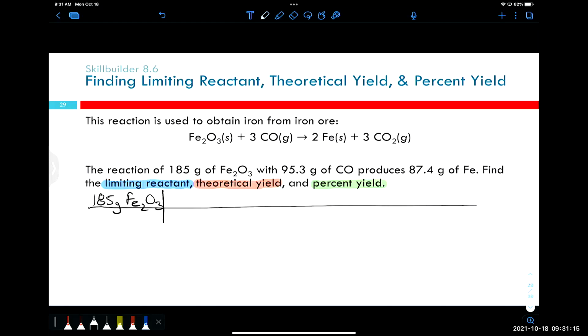To calculate percent yield, because that was something we talked about last week, percent yield is going to be the actual yield minus theoretical, divided by the theoretical, and then times 100%.